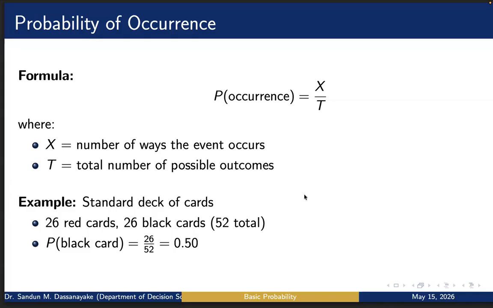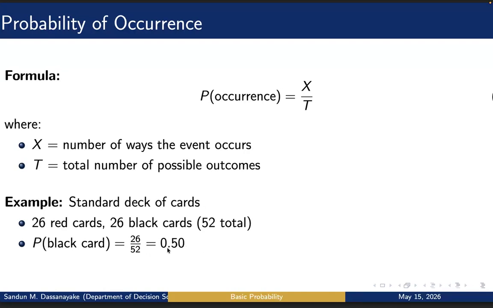So the total number of possible outcomes will be two. And out of these two, one would be your number of ways the event occurs, either head or tail. So 1 divided by 2, that is the probability of observing head or a tail. And in the case of a standard deck of cards, there are 26 reds, 26 black, and over 52. So it's a probability of 0.5, the same.